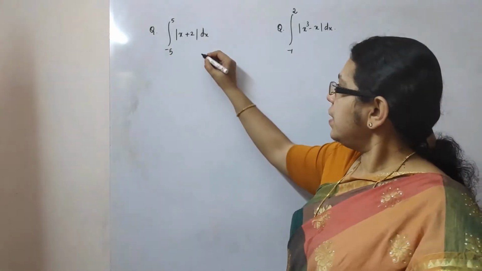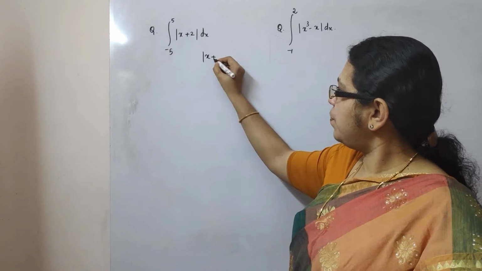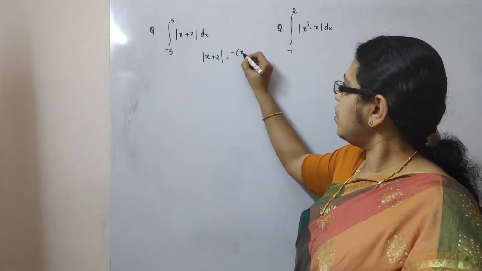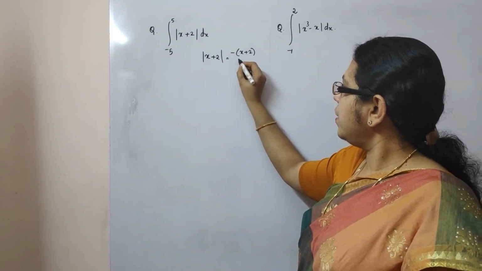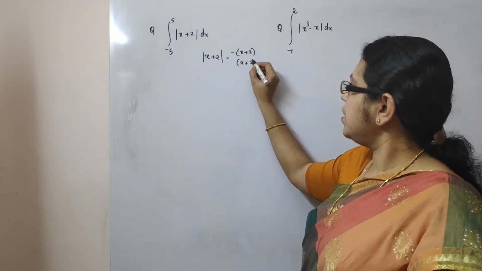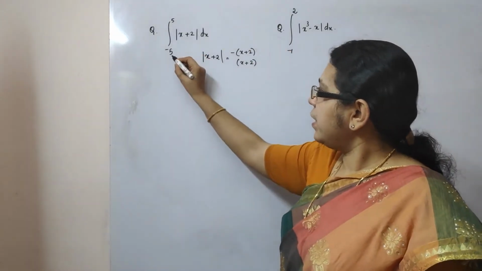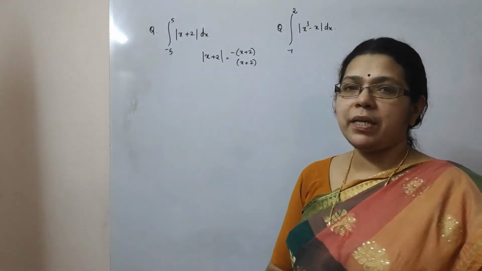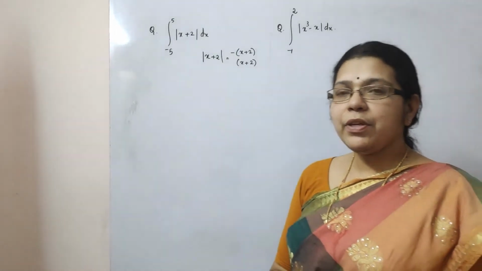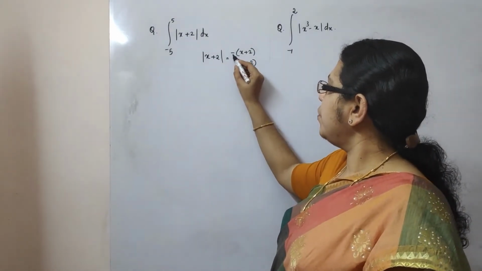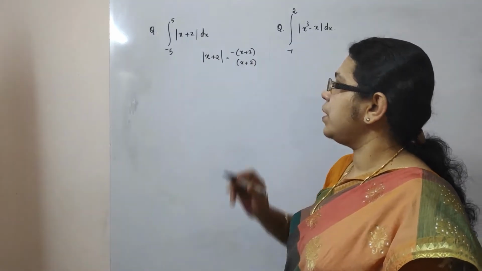Now considering the function modulus of x plus 2, I have the value as minus of x plus 2 and plus x plus 2, isn't it? Now you write this for values that lie between minus 5 and 5. When do we have the value of this mod function as minus of x plus 2?